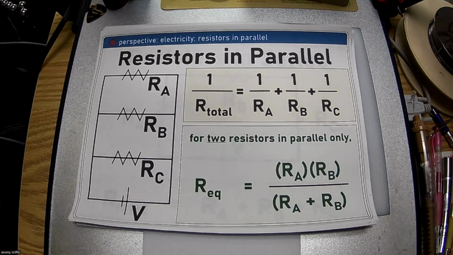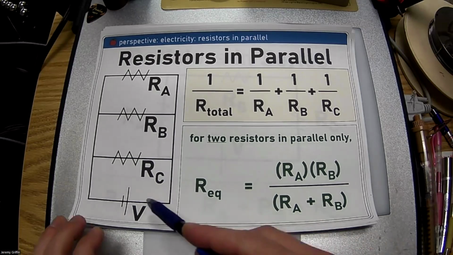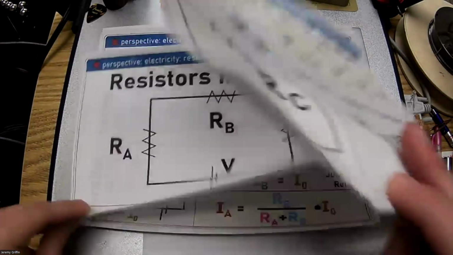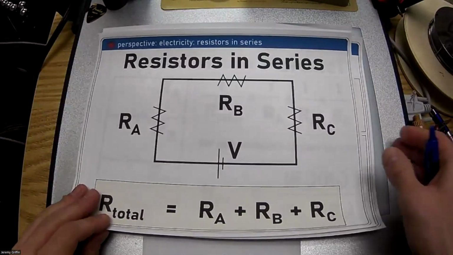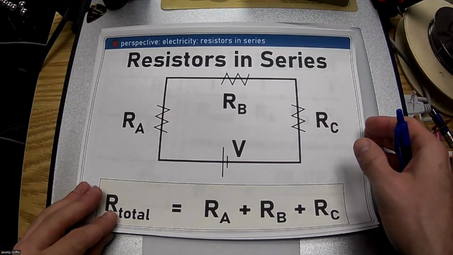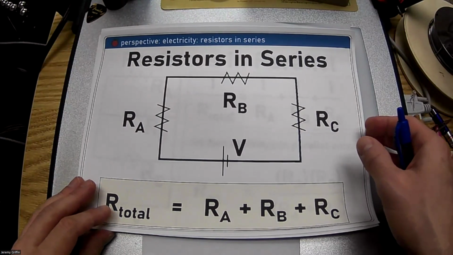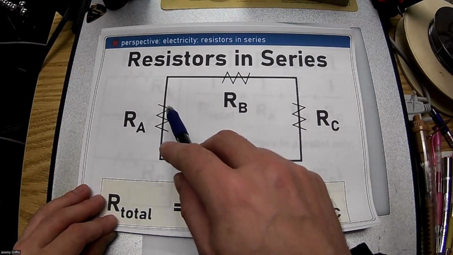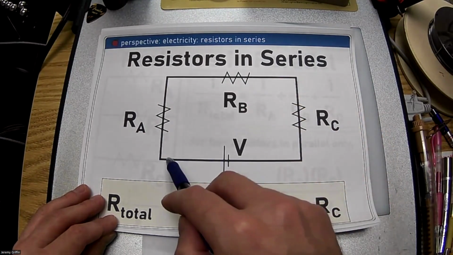Another way to think of it is a traffic analogy. Let me switch back over. What if you're driving around town? Back in the series days, every time you add a resistor, it's like adding new stoplights.